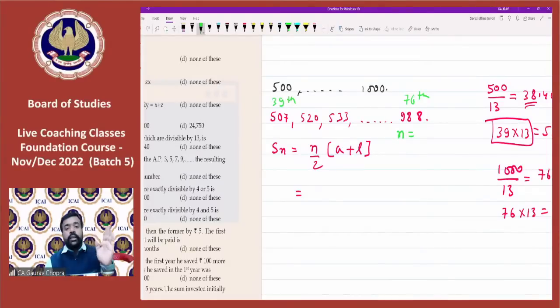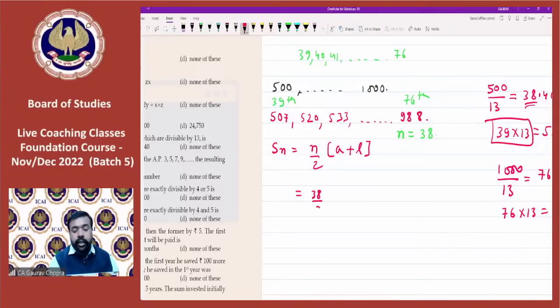We have to include 39 to 76. Let's check how much it comes. It is coming as 38. We have to count 39, 40, 41, and so on up to 76. So in totality, there are 38 numbers.